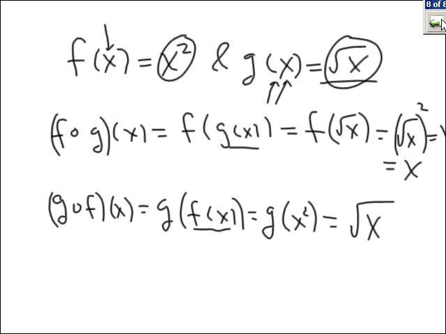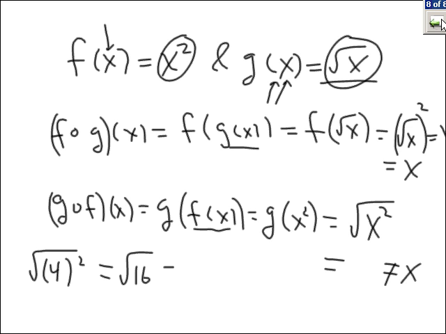The problem is the square root of x squared, well, it's not x. You may say, what are you talking about? The square root of x squared is x. Well, if I plug 4 in, then I get the square root of 16, which is 4.